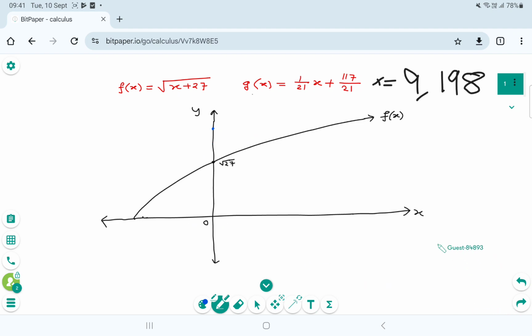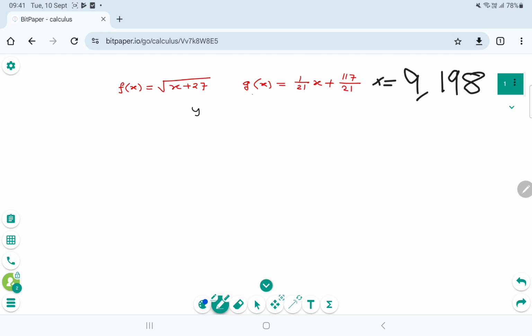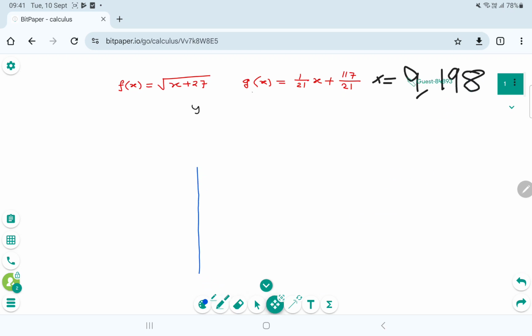So then we have to change the graph that we drew here a little bit. I have to change it first because I need more space at the top.